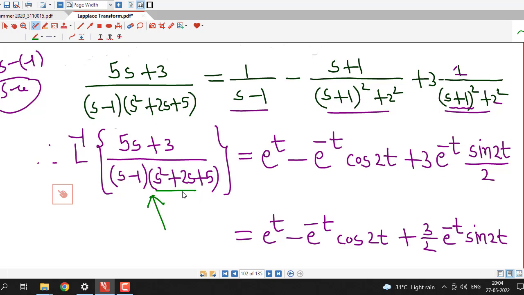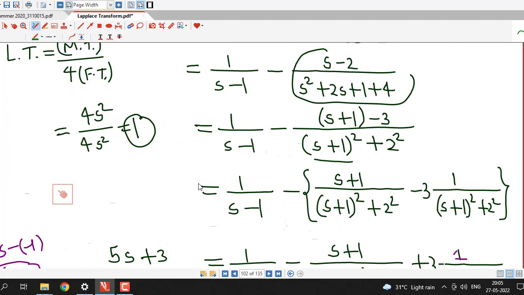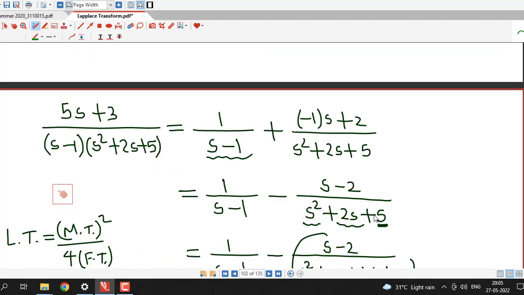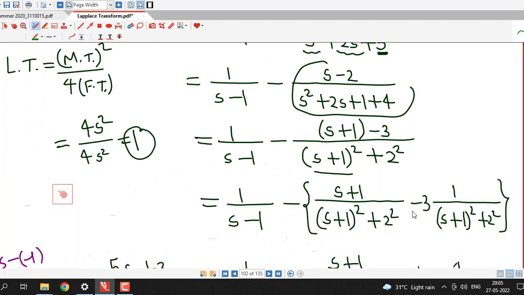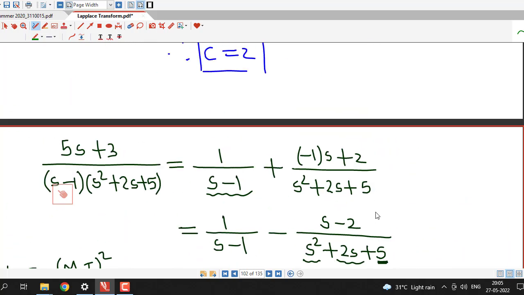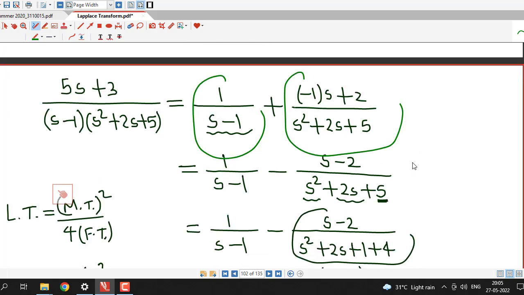Here the new thing is we have an irreducible quadratic factor, therefore we have this type of situation. First we have written our function as a sum of two partial fractions. Now the first partial fraction has a ready-made formula for the inverse Laplace transform, but the second one is not in such a form, and this is irreducible.